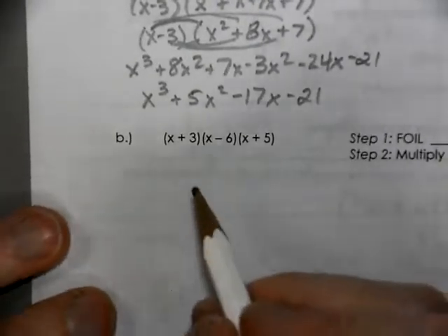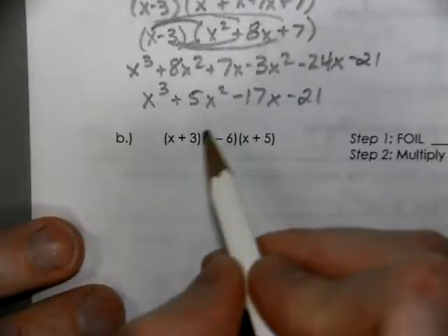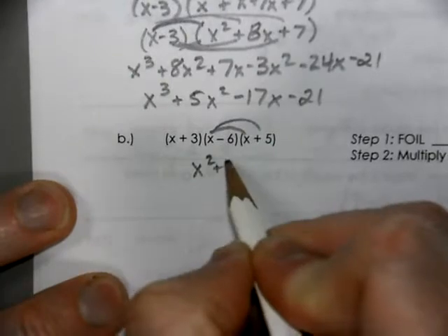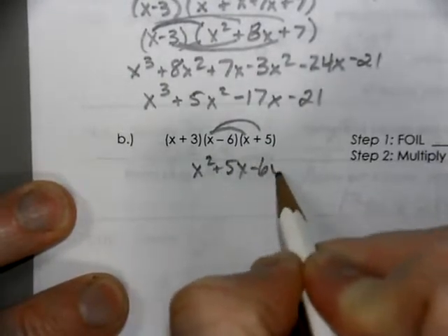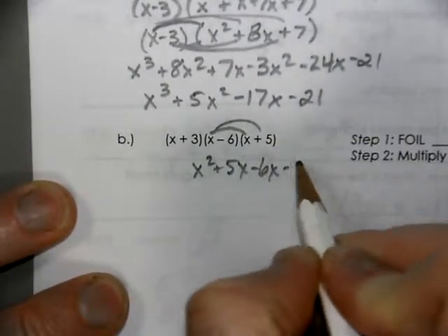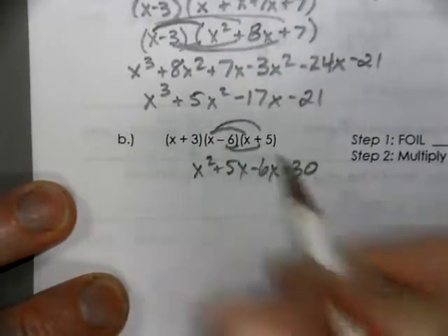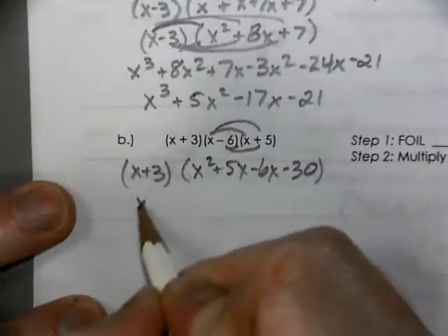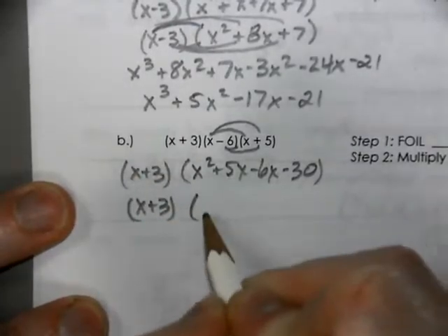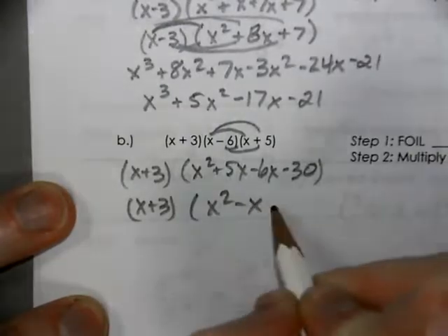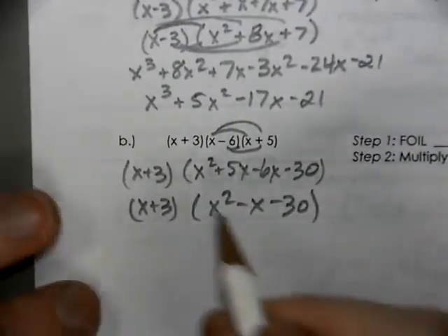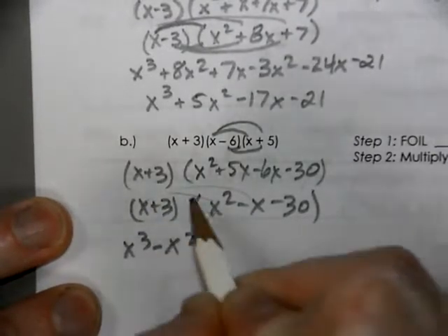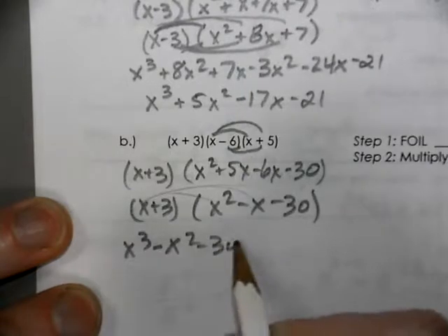Alright, hope that went well. Let's check out what we do. Okay, I'm going to do it like I did the first time here, with x squared plus 5x, negative 6x, negative 30, with my x plus 3 before it. That leaves me with x squared minus x minus 30, x cubed minus x squared minus 30x.